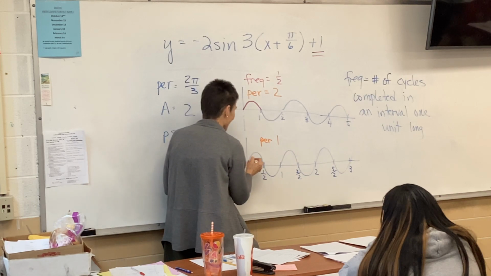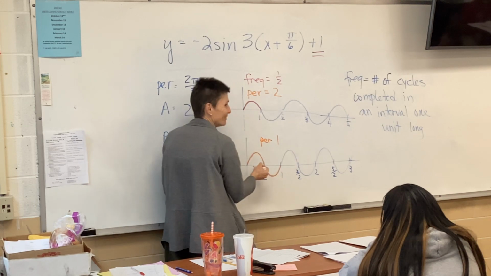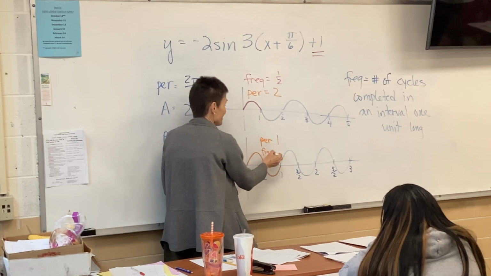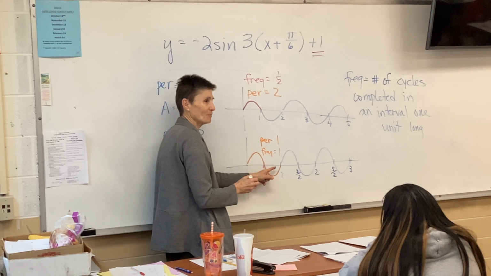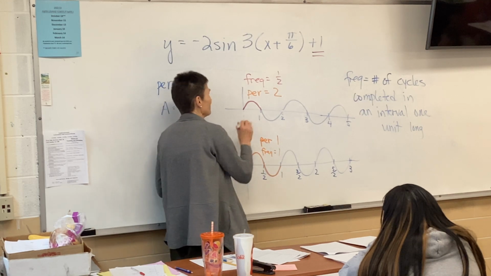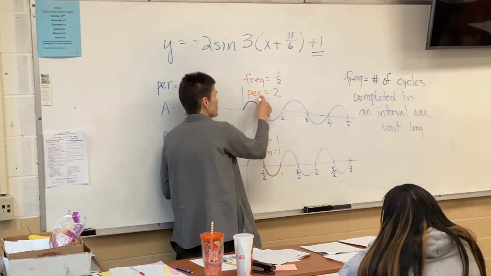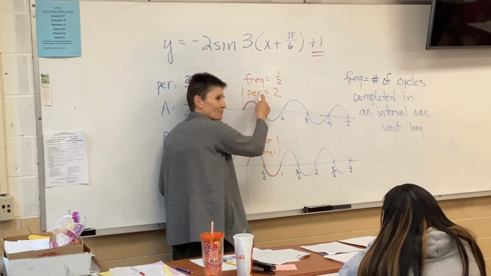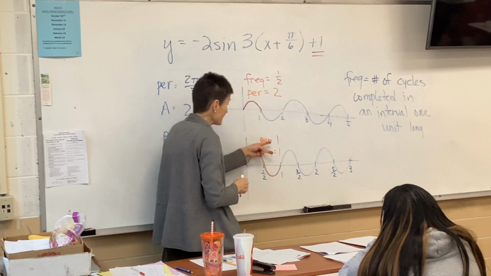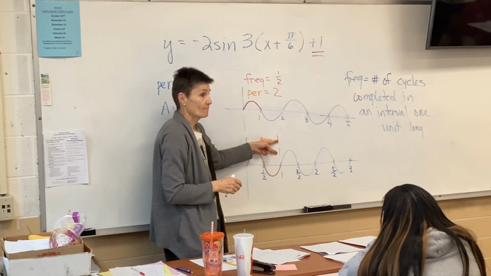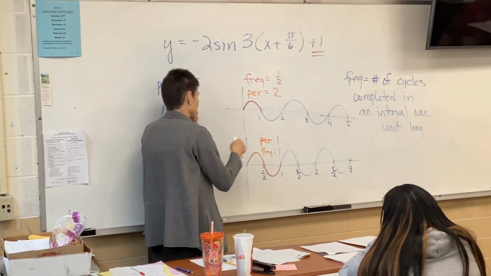How much gets done in an interval 1 unit then? In that 1 period, the whole curve gets done in 1 interval? That doesn't help too much, but this one does. What's the relationship between these two? They're reciprocals. Yeah, it's not a very good example, but it's reciprocals.